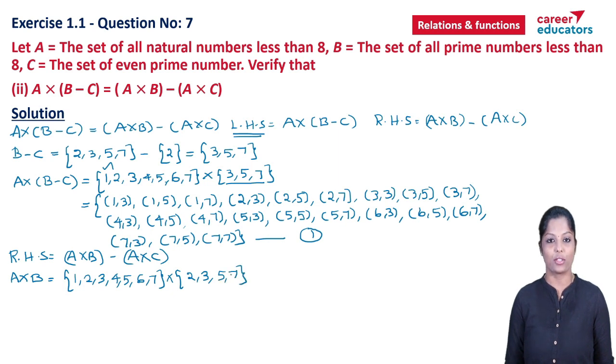To find A cross B, we have to pair each element of A with each element of B.